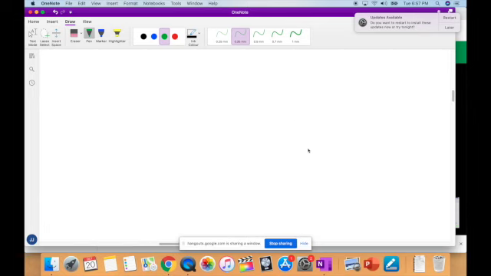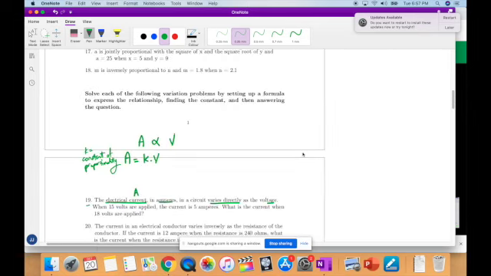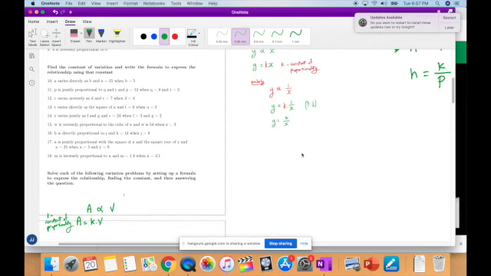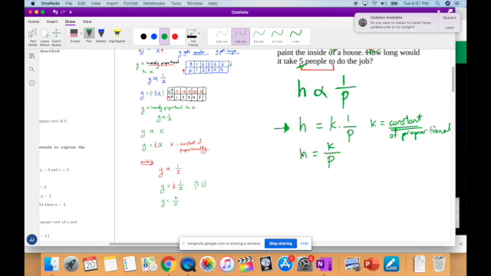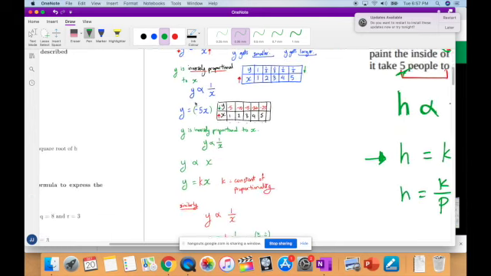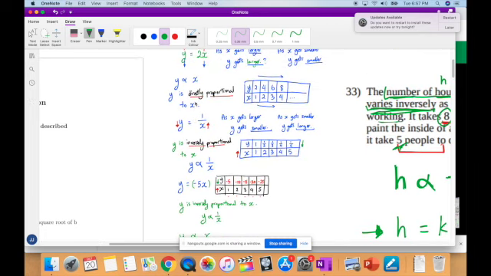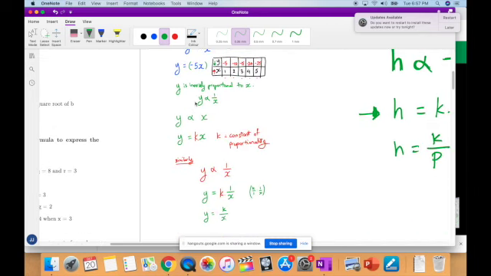Let's look that over again, because it seems like the point has been lost. When you have, for example, y is inversely proportional to x, or y is directly proportional to x, that's not an equation. Remember, we were talking about the money or the fish.